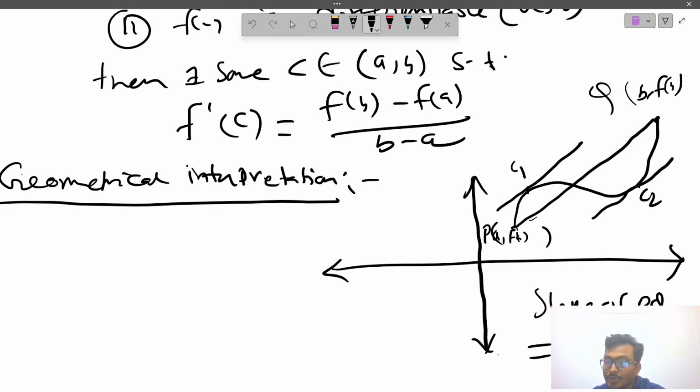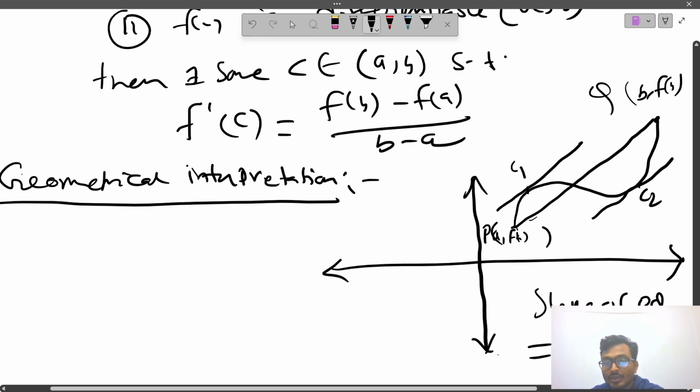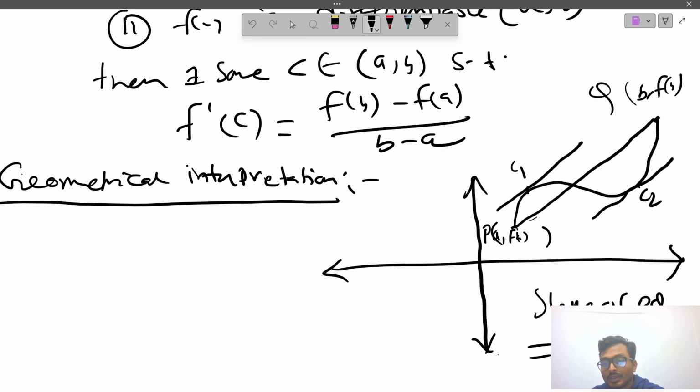That is, if we take some function and the points P, which is (a, f(a)), and Q, which is (b, f(b)), and the function is continuous on the closed interval [a, b] and differentiable on the open interval (a, b), then the slope of the line PQ will be the same as the slope of the tangent at some point c, right?